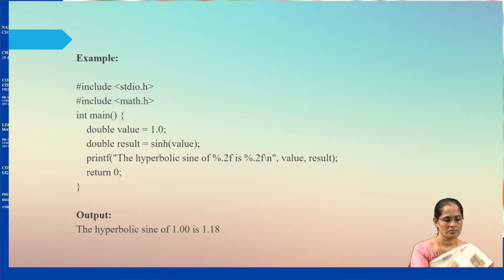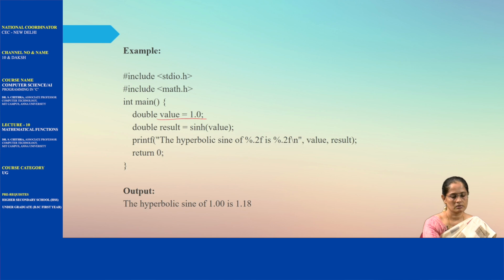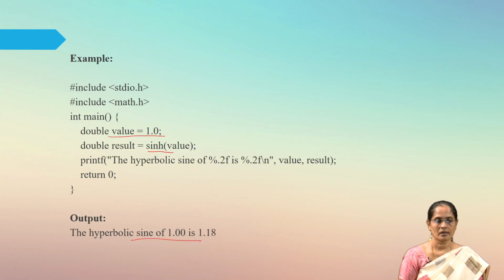This is the way it can be used in a program. The value is defined in double data type, and we can make use of the function sinh, so that the result will be the hyperbolic sine value of a given number. The output is the hyperbolic sine of 1, which is 1.18.